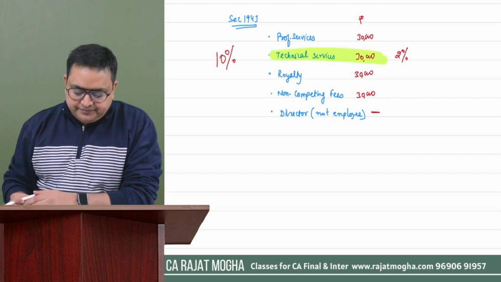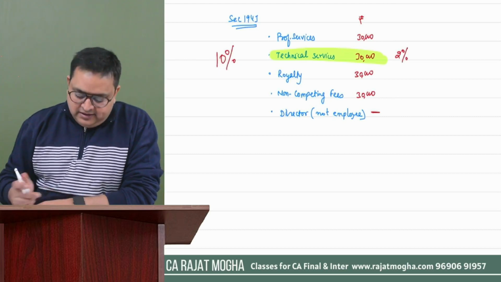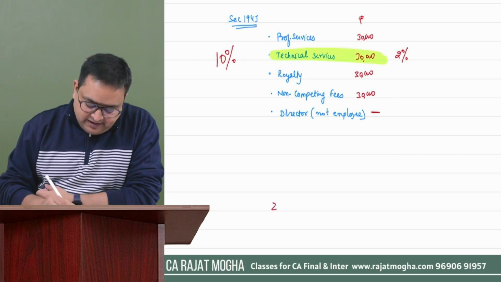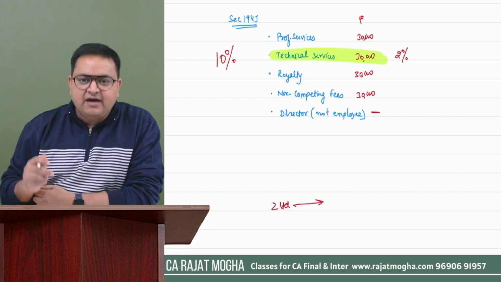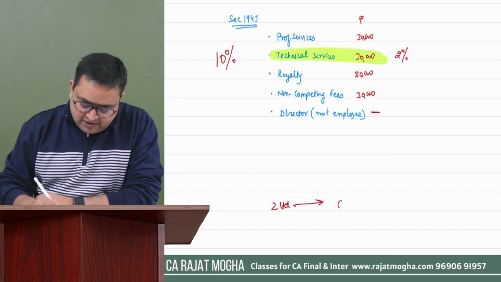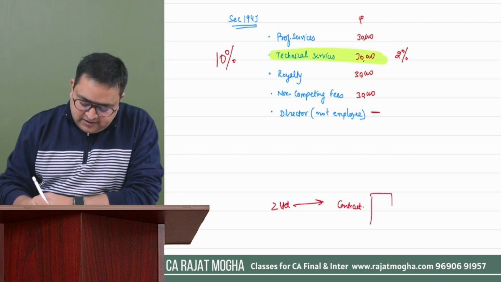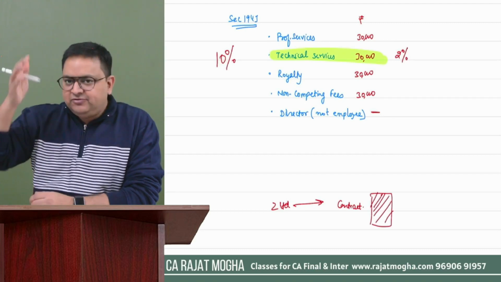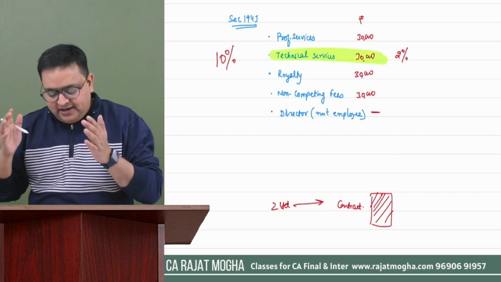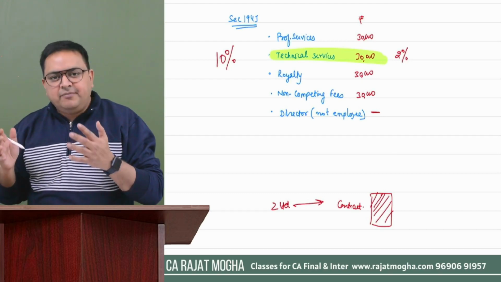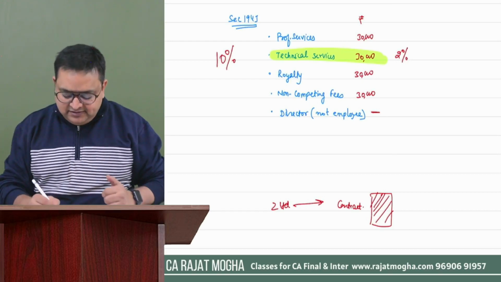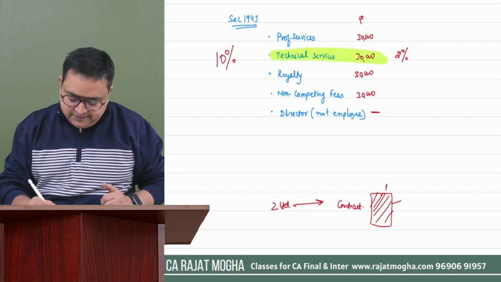Why? Because actually, let's say there is a company, Z Limited. They have given a contract to someone, let's say for maintenance of their lift. There was a lift in their building, there was an escalator, and for maintenance of that, they have given this contract to Mr. A, let's say.